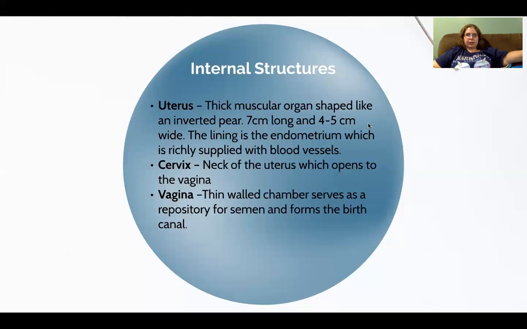It also serves as a repository for semen, meaning that is where the ejaculate is, I don't want to say secreted, is accepted into the woman. And then the sperm can travel from the vagina through the cervix up into the uterus and to the fallopian tubes.